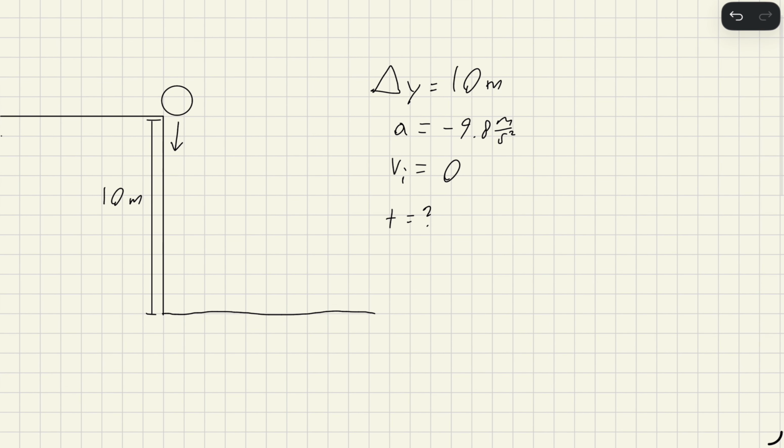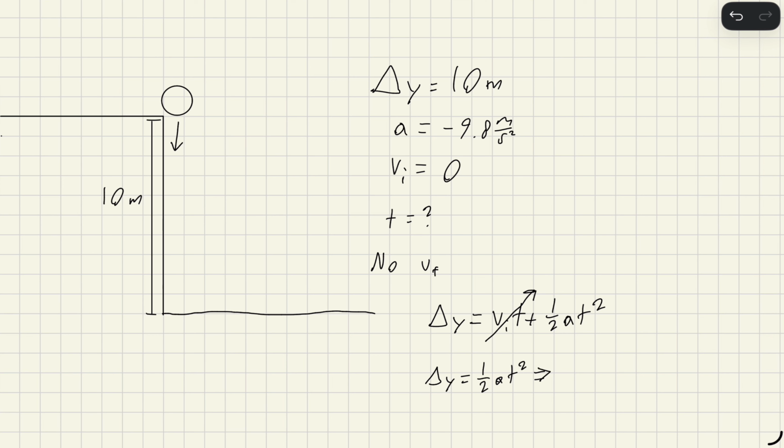The thing that we're missing is we have no final velocity. The equation without final velocity in it is change in y, so our displacement, is equal to initial velocity times time plus 1/2 a t squared. This term cancels out because initial velocity is equal to 0, and we're left with just delta y equals 1/2 a t squared.